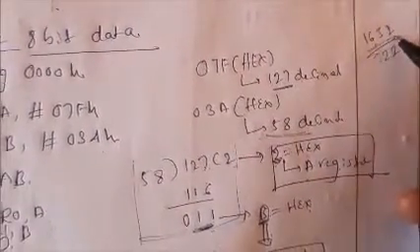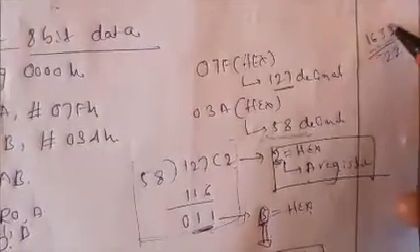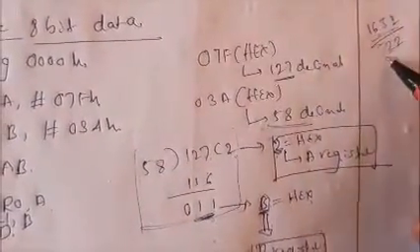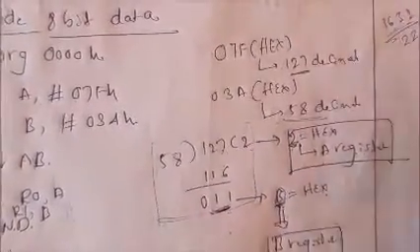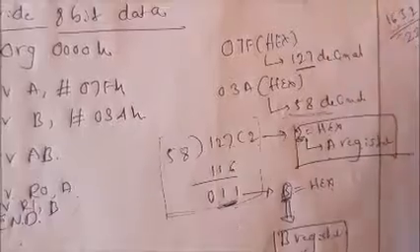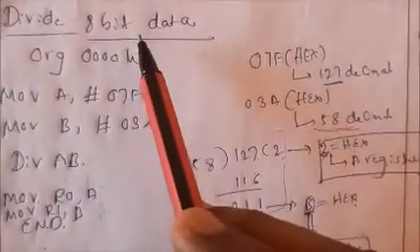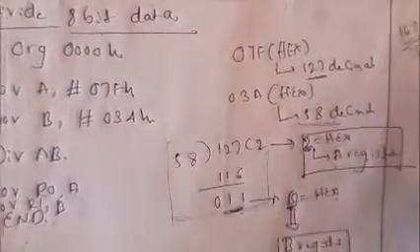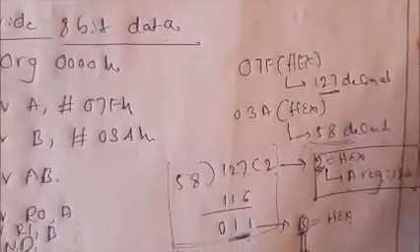Here 1632 is 16-bit data: 4-bit, 4-bit, 4-bit, 4-bit. This is 4-bit plus 4-bit, which is 8-bit data. If you perform 16-bit by 8-bit division, it is not performed in the 8051, because it performs only 8-bit data. So if you try to execute this one, it will consider only 32 by 22.